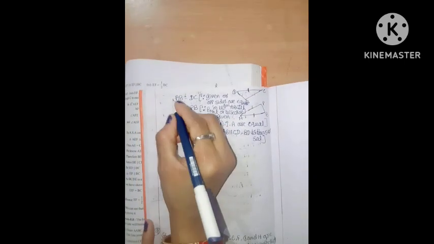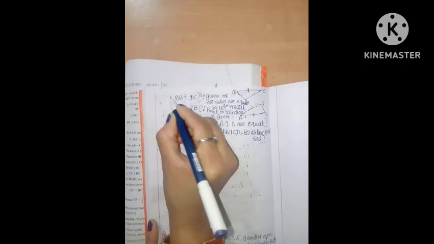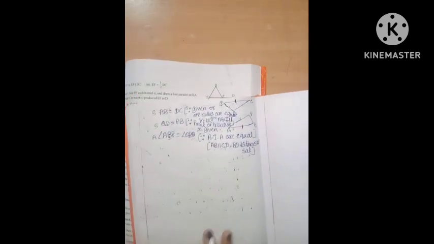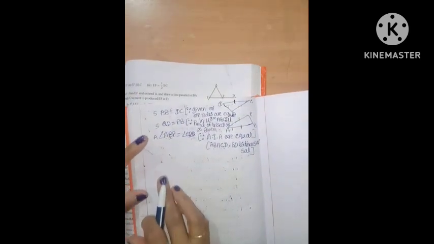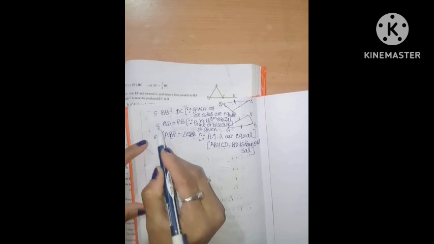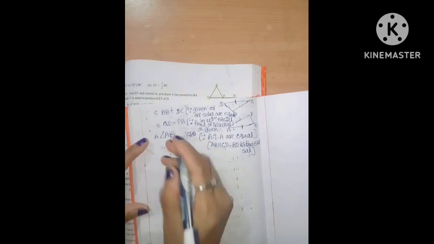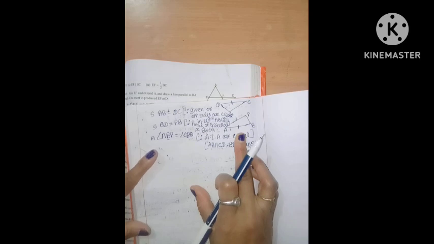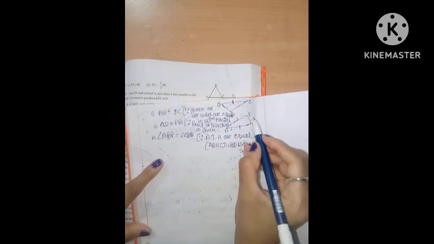Now here we have side, angle. So what rule are we using in this problem? According to the SAS congruence rule, are these two triangles congruent? Yes, these two are congruent.